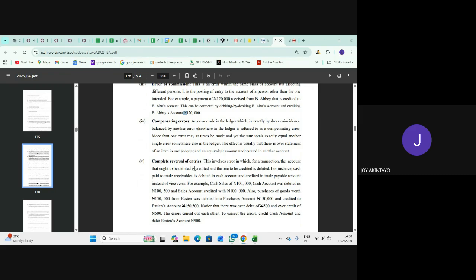Are we together? And the one to be credited is now debited. For instance, cash paid to trade payables, or cash paid by trade receivables, is being debited in cash account.